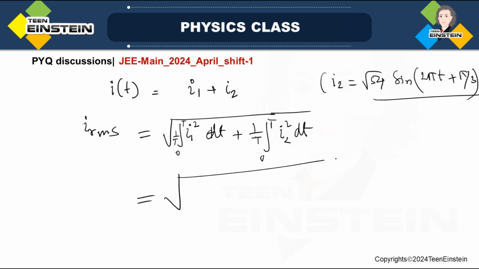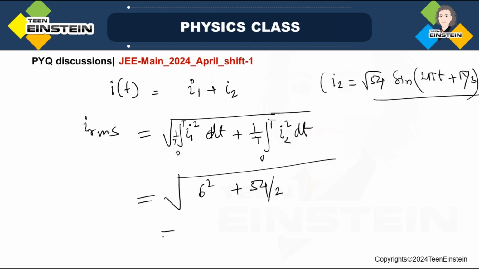Look, then this will give you what we have itself, that means 6 square. And what about this? The sine square will give you 2 divided by 2, this much.